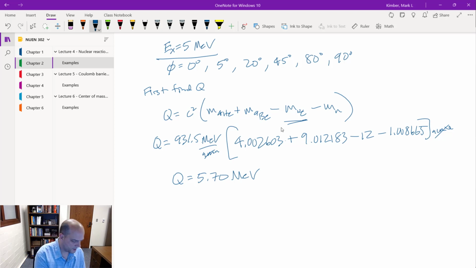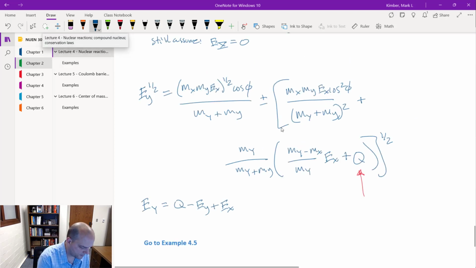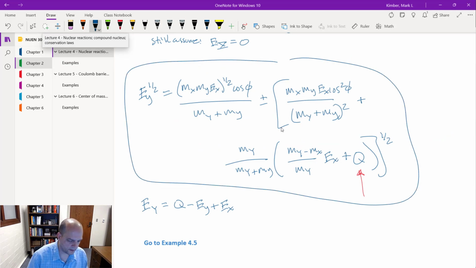So let's go back and get that expression really quick. This expression here is what I want to plug that into, and I've already done this in Excel, and I'm going to show you some other tools you can use that will be helpful in all these calculations.